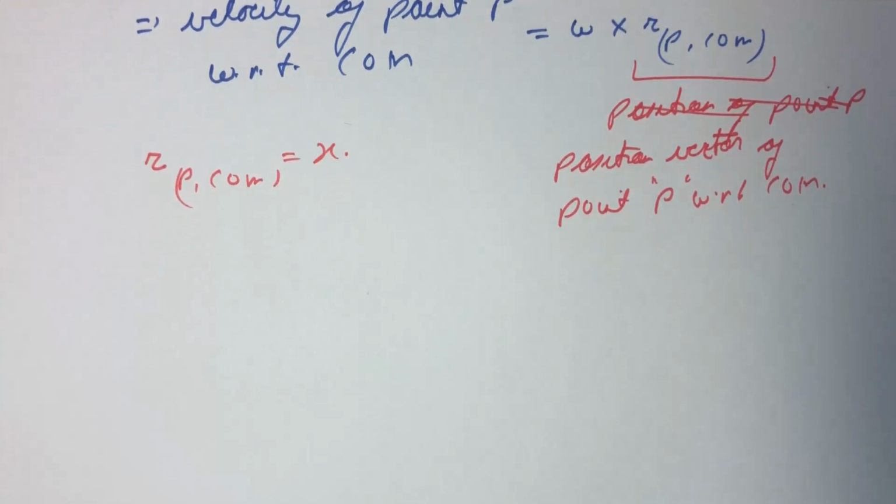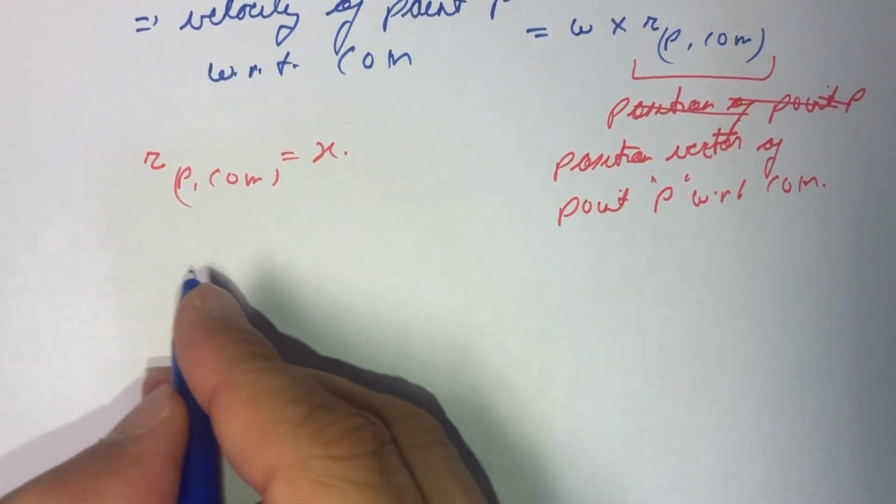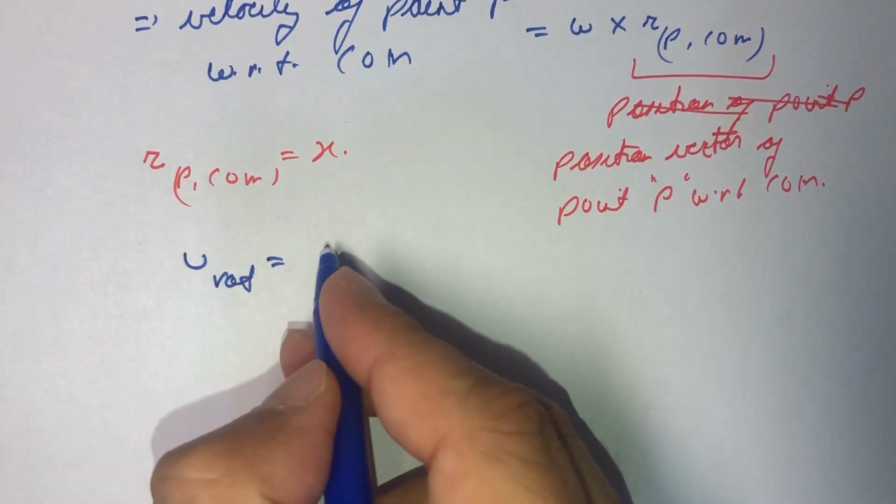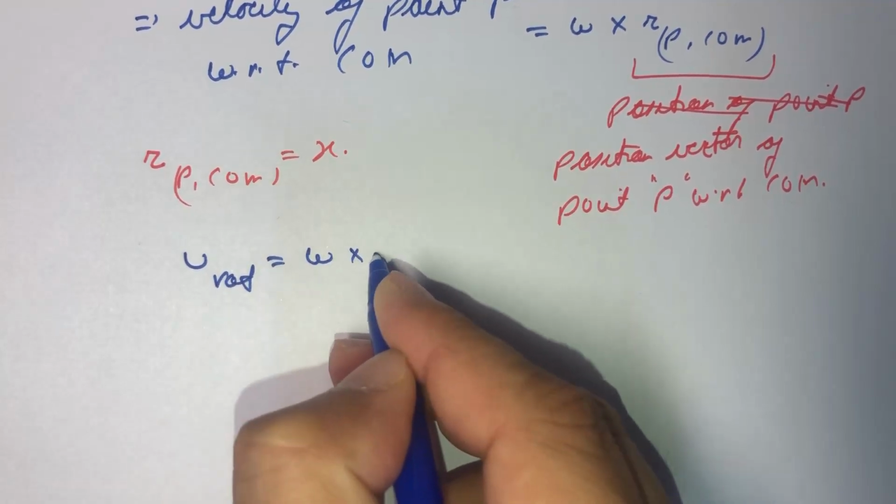Therefore, the rotational velocity, V rot, will be equal to omega times x.